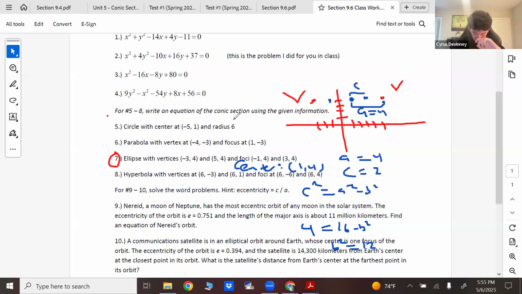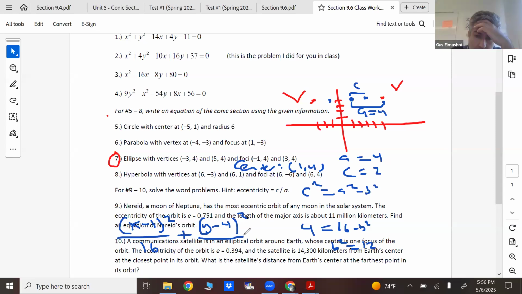And the center is at 1, 4, so you can write the equation as x minus 1 squared over 16 plus y minus 4 squared over 12 equals 1.